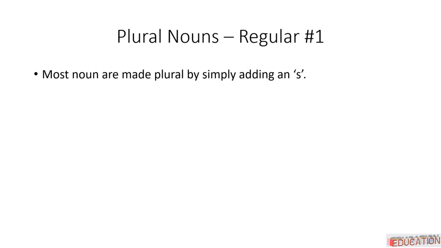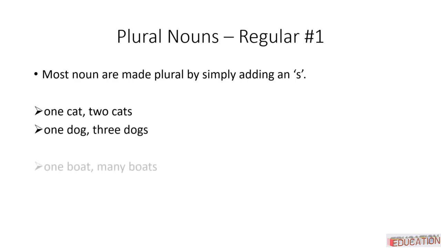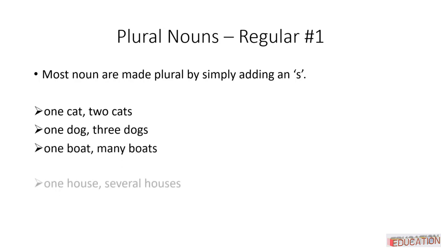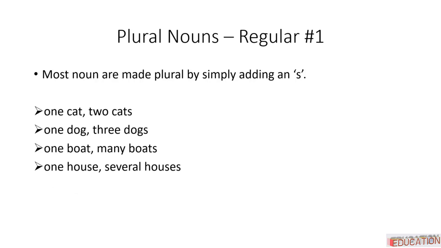Most nouns are made plural just by adding a letter S. Some examples: one cat, two cats. One dog, three dogs. One boat, many boats. One house, several houses. One cup, two cups.